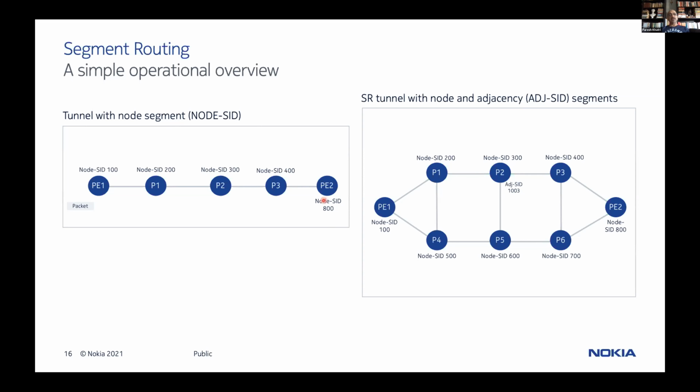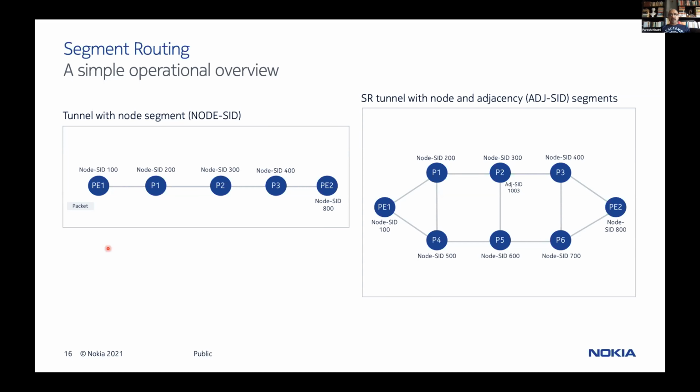This would not be the case with LDP. So for example, with LDP, if PE2 assigned a label of 800 for PE2, P3 may well assign something different for PE2. And by the time we get to PE1, it'll be something completely different again. With segment routing, it's the same. And that's part of the reason for the simplicity of segment routing. So what do we do with this, right?